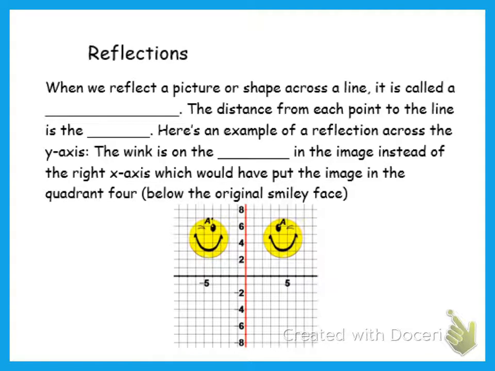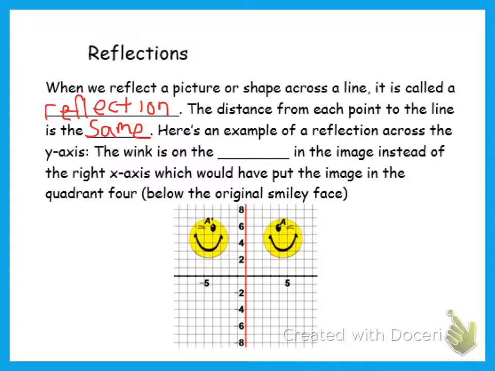Now, when we reflect or flip a picture or shape across a line, it is called a reflection. The distance from each point to the line is going to be the same. So here's an example of a reflection across the y-axis.